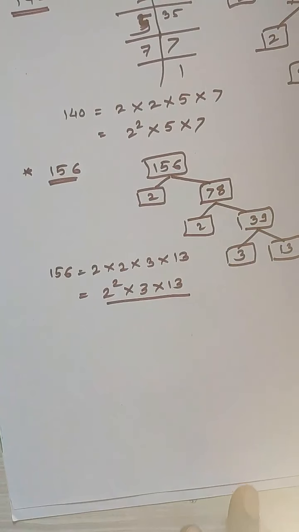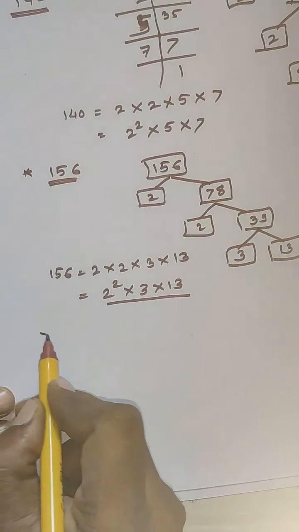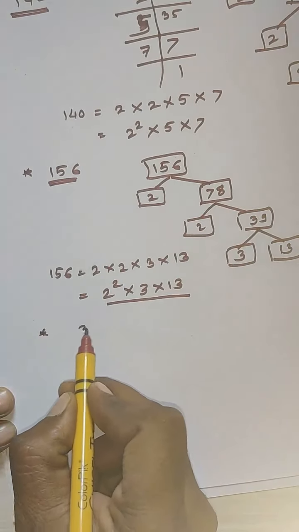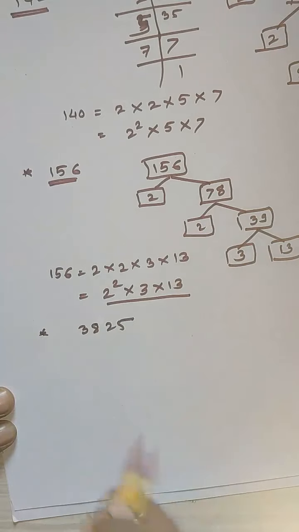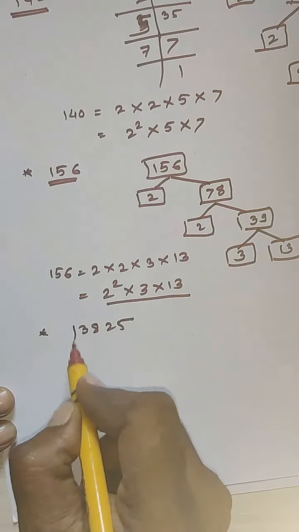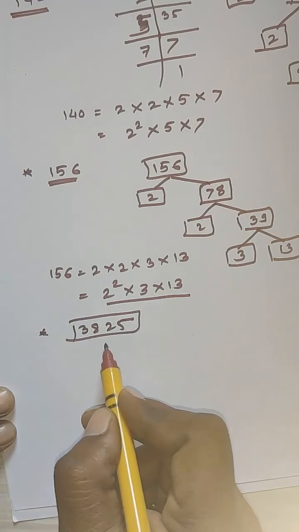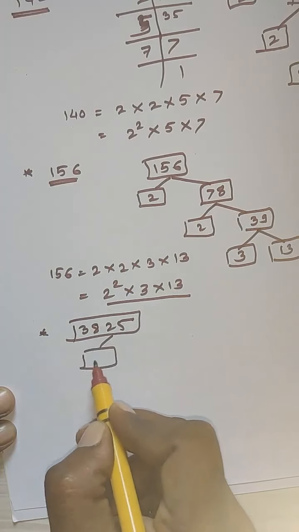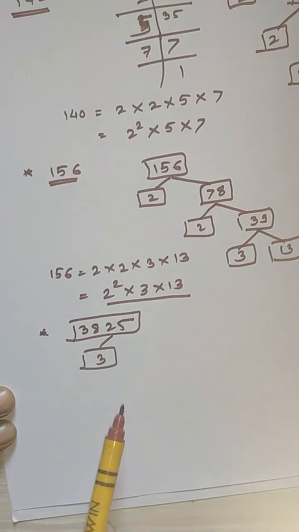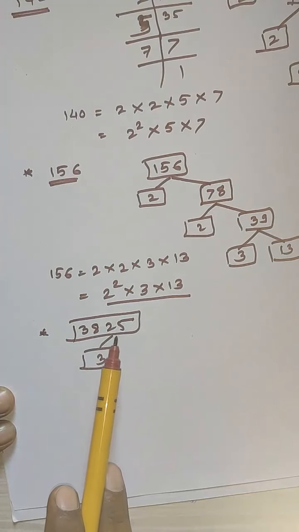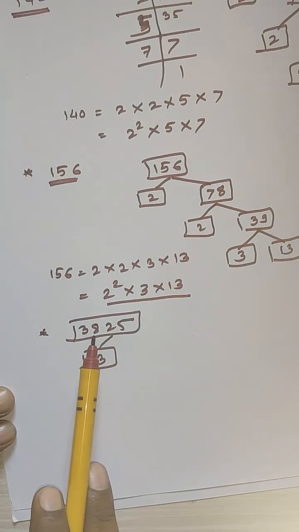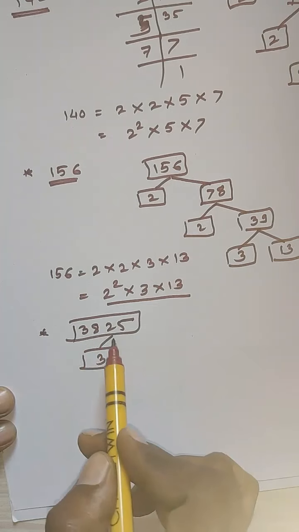Okay. We can take another example. For example, 3825. This 3825 can go by 3. By divisibility test, if you see 5 plus 2, 7, 8, 7 plus 8, 15 plus 3, 18.